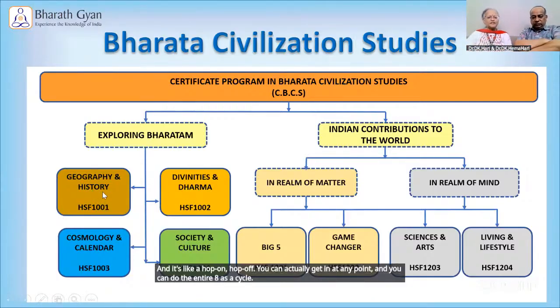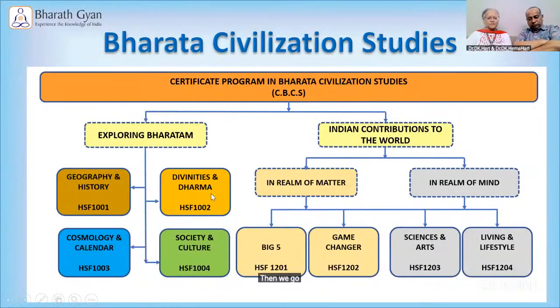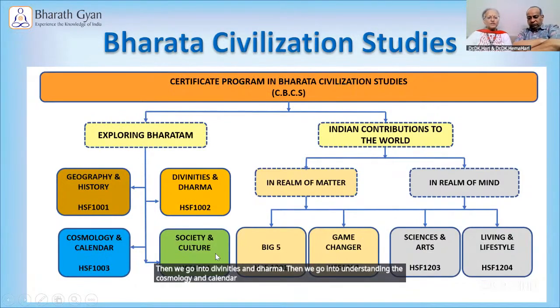Logically, we start here at geography and history, and that's the upcoming summer quarter. Then we go into divinities and dharma. Then we go into understanding the cosmology and calendar, then the society and culture. When we do these four, we get an understanding about the Bharata civilization as such.